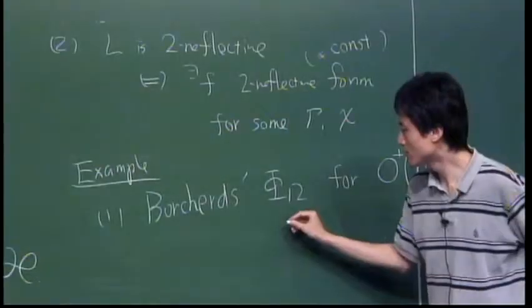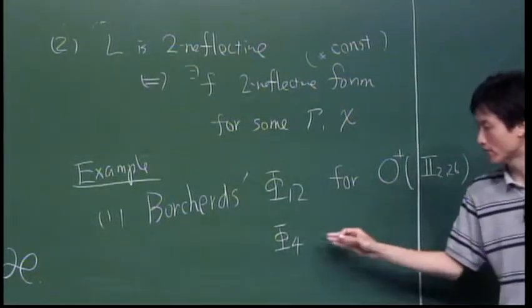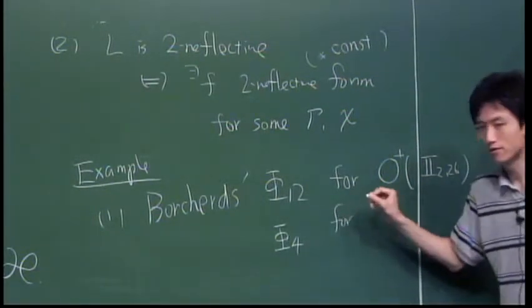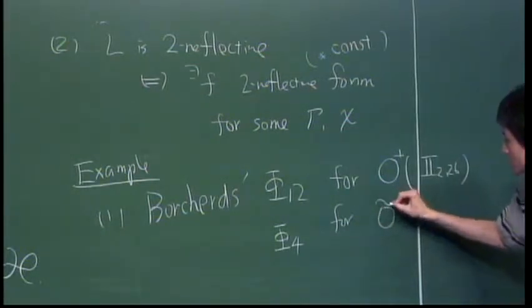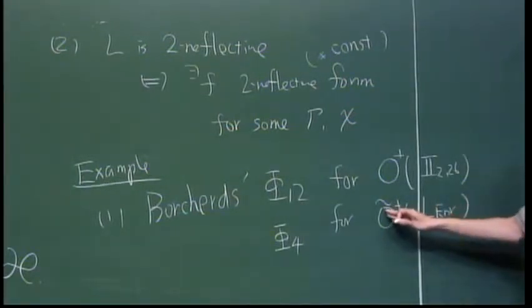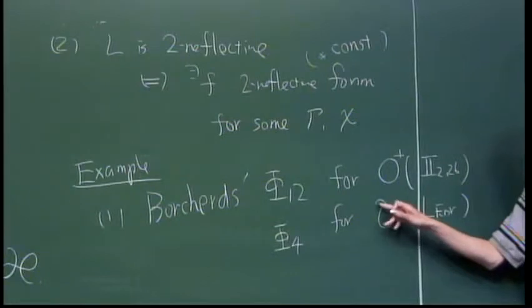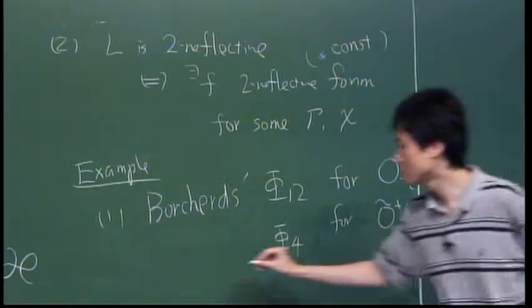And also the Borcherds–Enriques form of weight 4 for the period lattice of Enriques surfaces. So this means the subgroup of the orthogonal group acting trivially on the discriminant group.